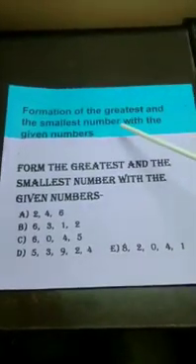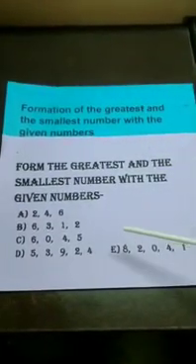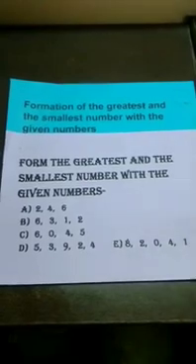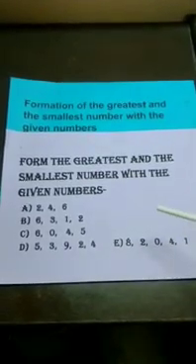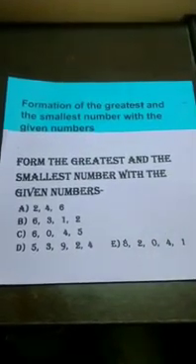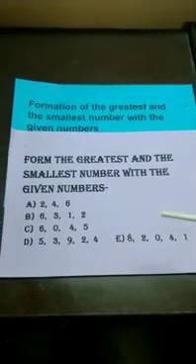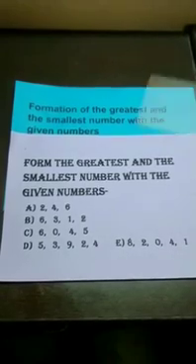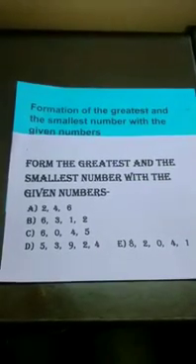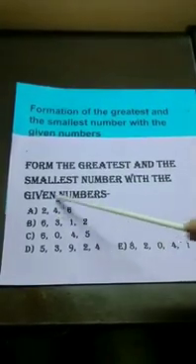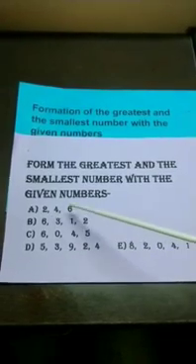Formation of the greatest and the smallest number with the given numbers. If you are given a set of numbers to find the greatest number or the smallest number, to find the greatest number, we begin with the greatest digit and then go onwards to the smallest digit. Look at this set of numbers, 2, 4, 6.